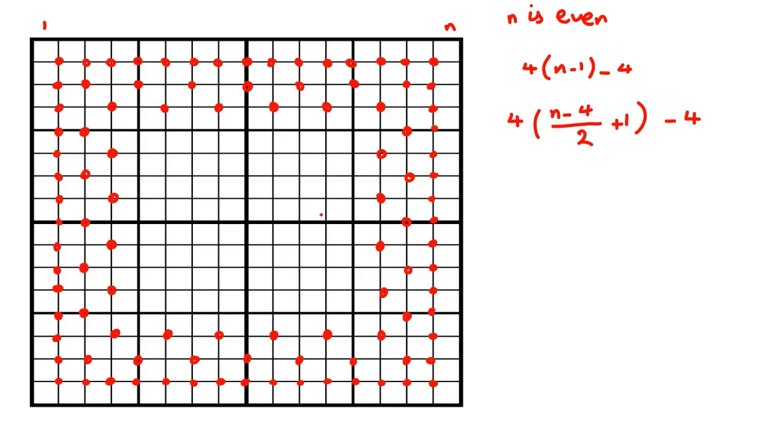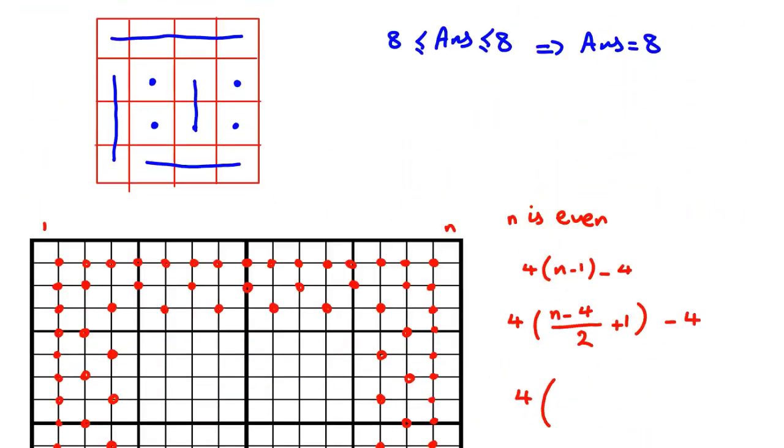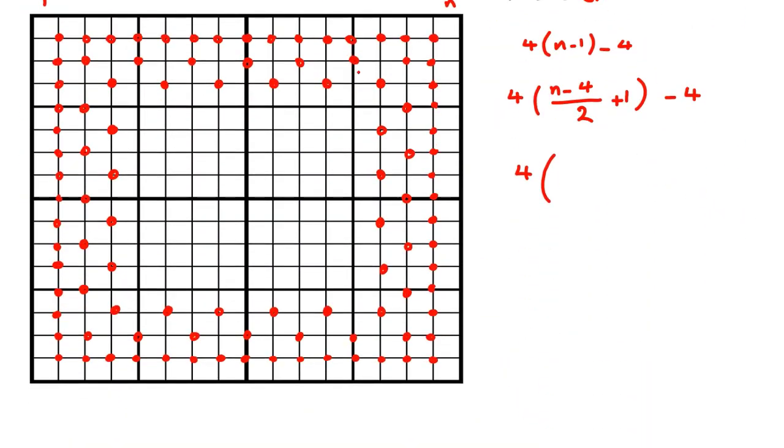Next step, what is it? As you can see, it will be 4 times. And at the end we will check it with n equals 4, to see if it's correct or not. Here it is n minus, because look, it is this part. So it will be 4 times n minus 6 over 2 plus 1 minus 4.